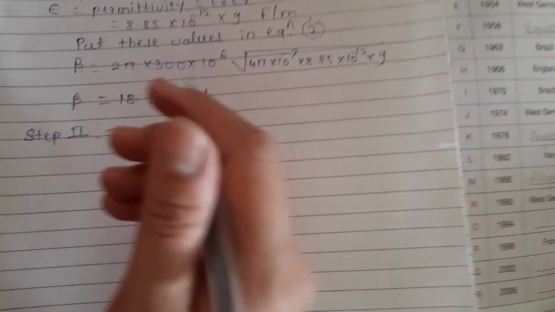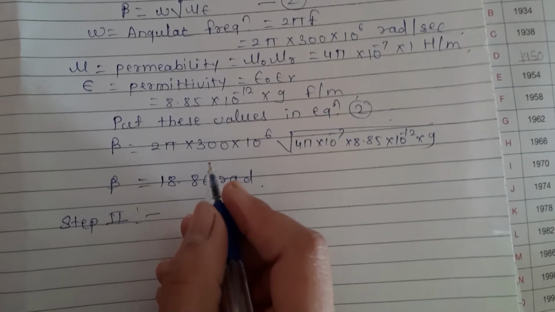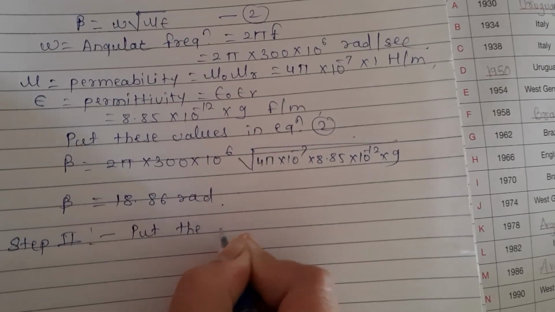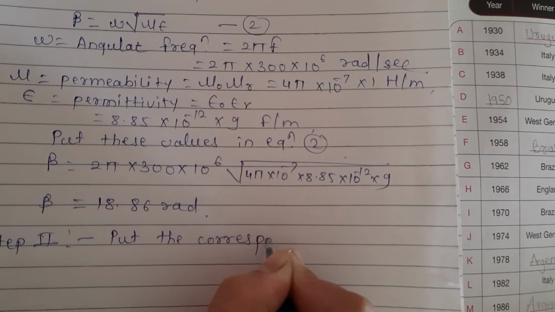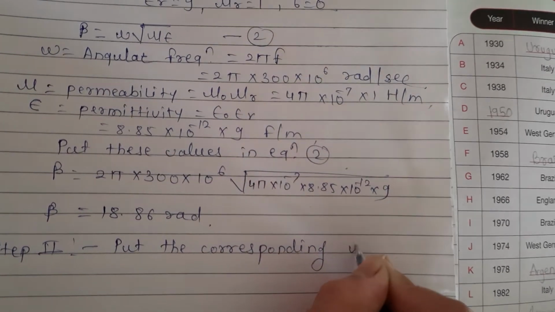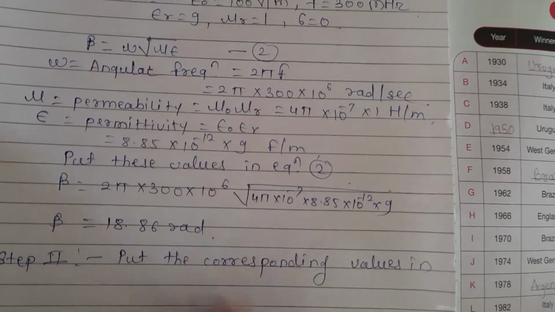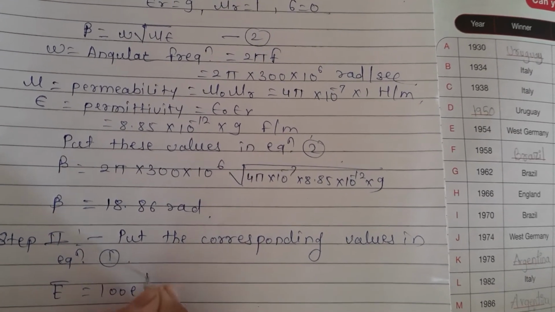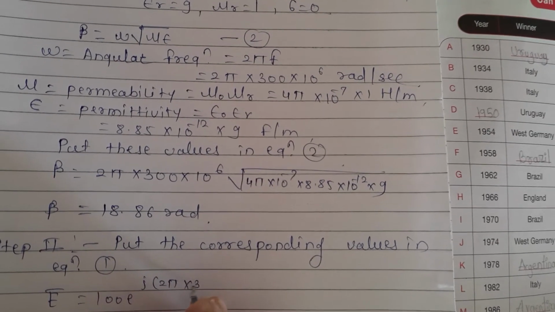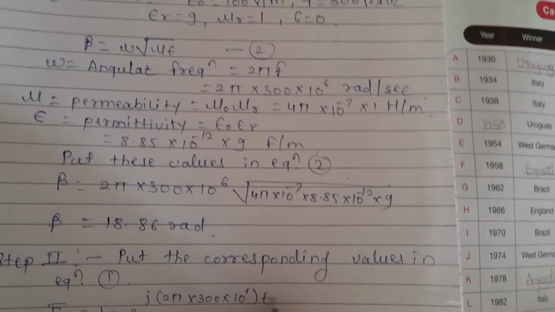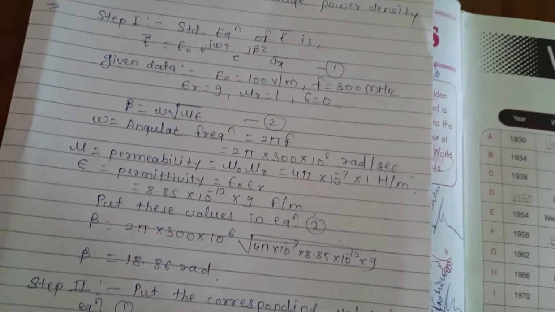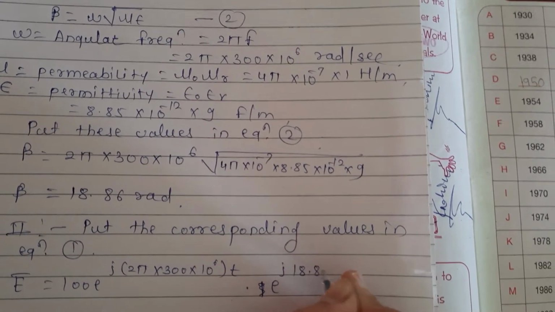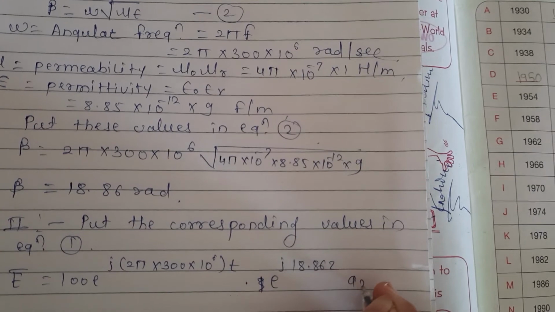Now what is step 2? Put the corresponding values in equation 1. So equation 1 becomes 100 e raised to j 2 pi 300 into 10 raised to 6 t e raised to minus j 18.86 z a x bar.